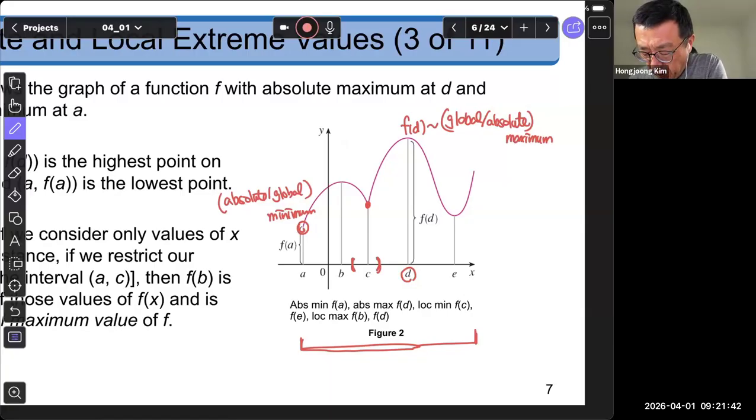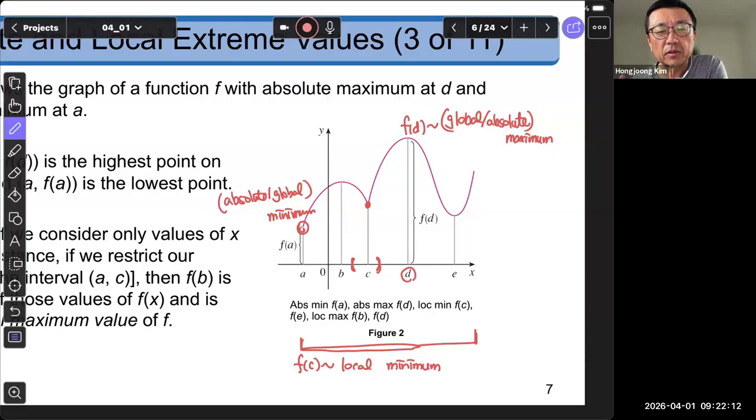So f of c is called a local minimum, meaning when I zoom in, the value of the function at c may be the smallest value on a certain interval. If that happens, then f of c is called a local minimum.